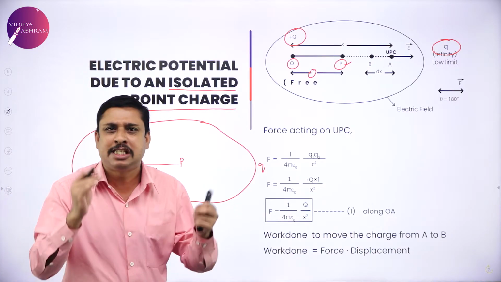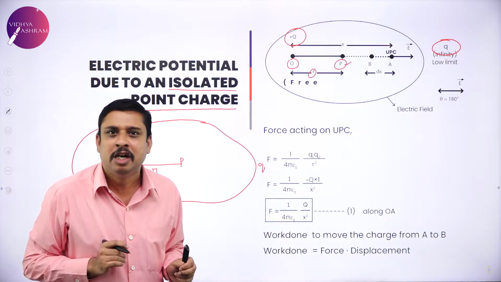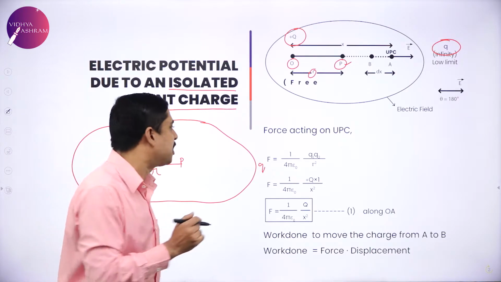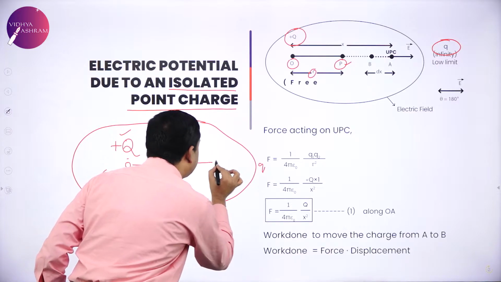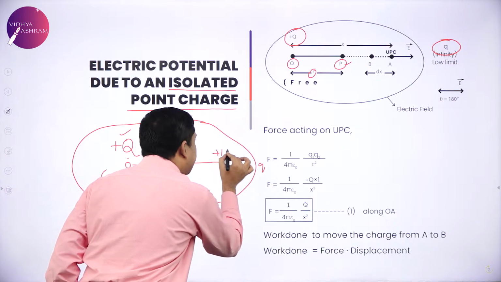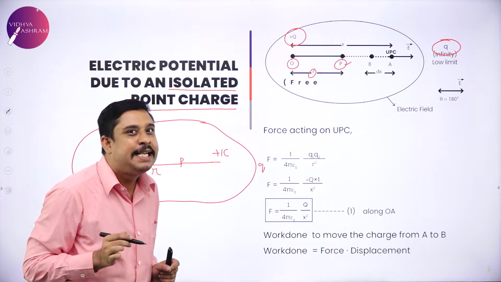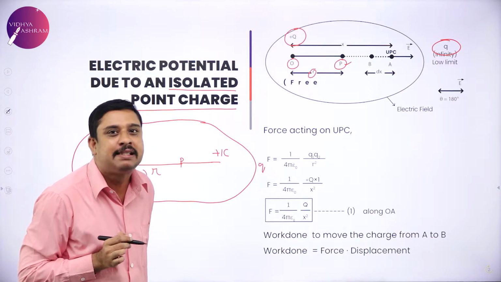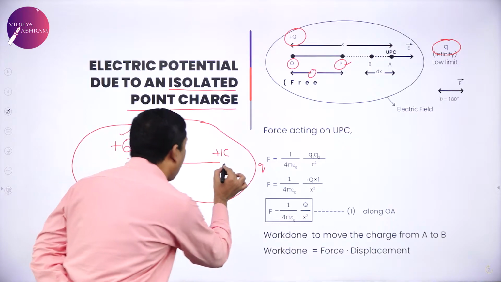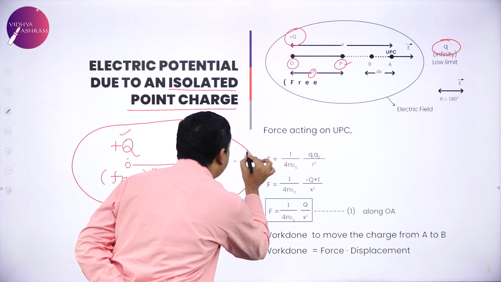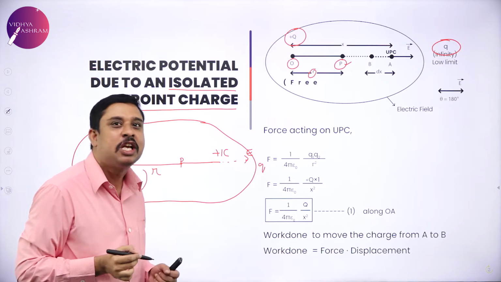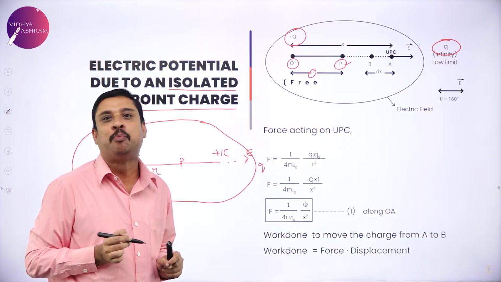Now, plus Q was my source charge. To test the influence of the field, what do I require? A test charge. Very good. So I will consider a test charge which is placed here. And students, you know, a test charge is always a unit positive charge (UPC). The direction of the field is always away from this UPC, because like charges repel.